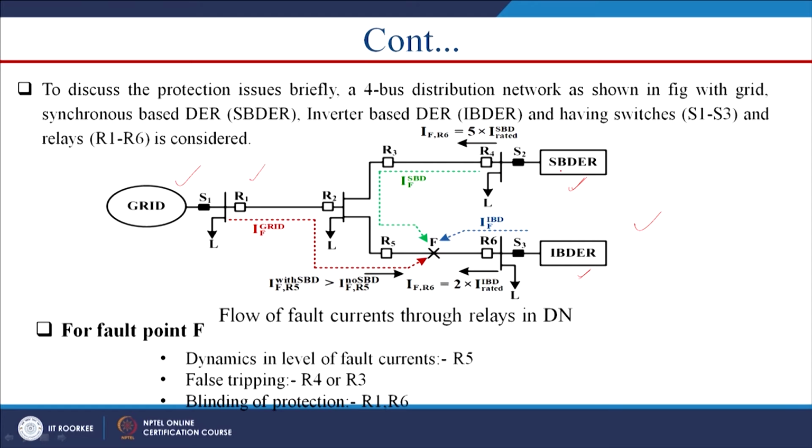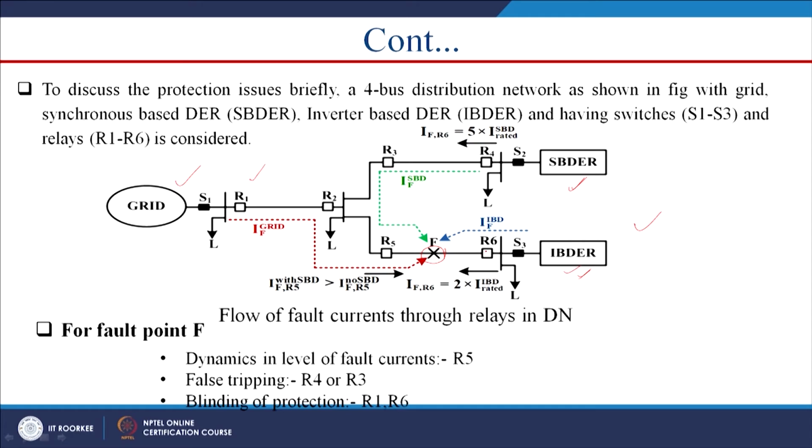SBDER stands for synchronous based distributed energy resource, and IBDER means inverter based distributed energy resource. Now, let us say we have created one fault here at the point F.